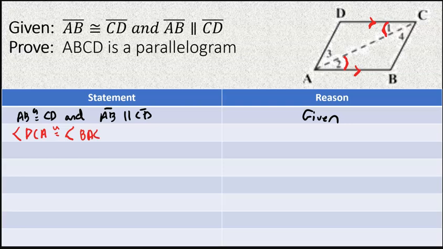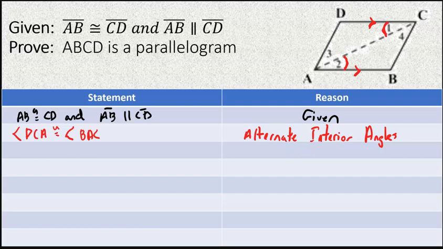That is entirely up to you. So I could say angle 1 and angle 2, or I could say angle DCA is congruent to angle BAC. I am sticking with the letters for this proof because I find that my students often get more confused when we just use the numbers in these proofs.